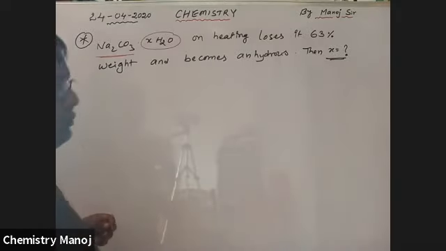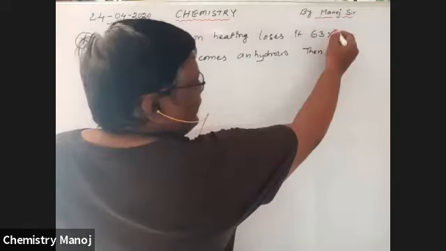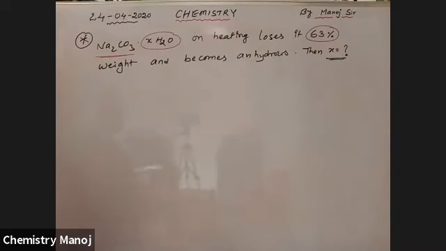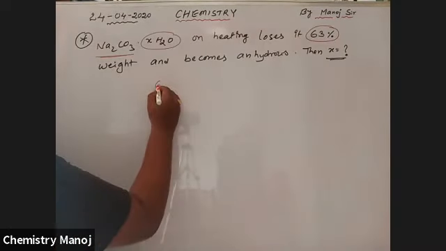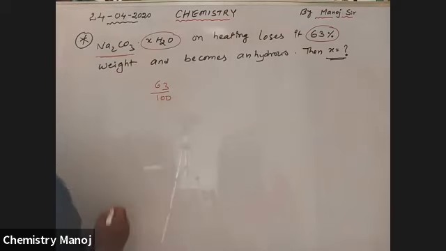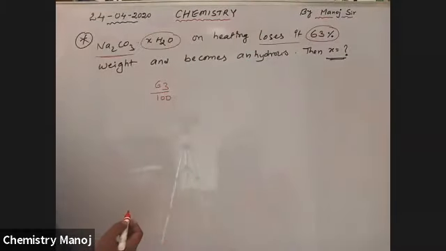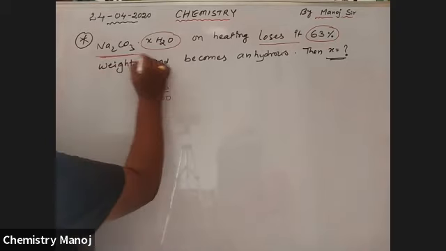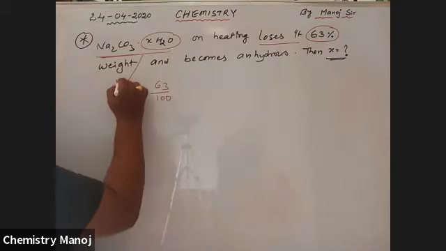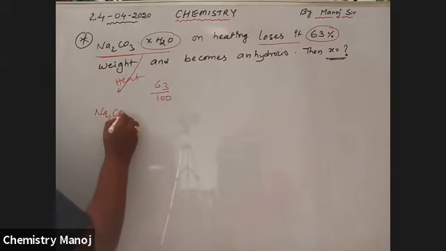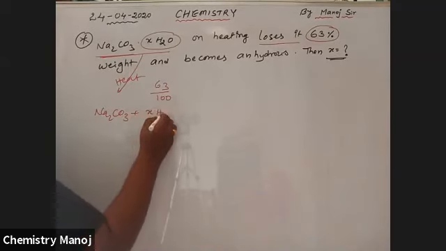Listen carefully. Here 63% is given to you. What is the meaning of 63%? 63 by 100. It loses 63%. So that means when this compound is heated, it converts into Na2CO3 and xH2O.